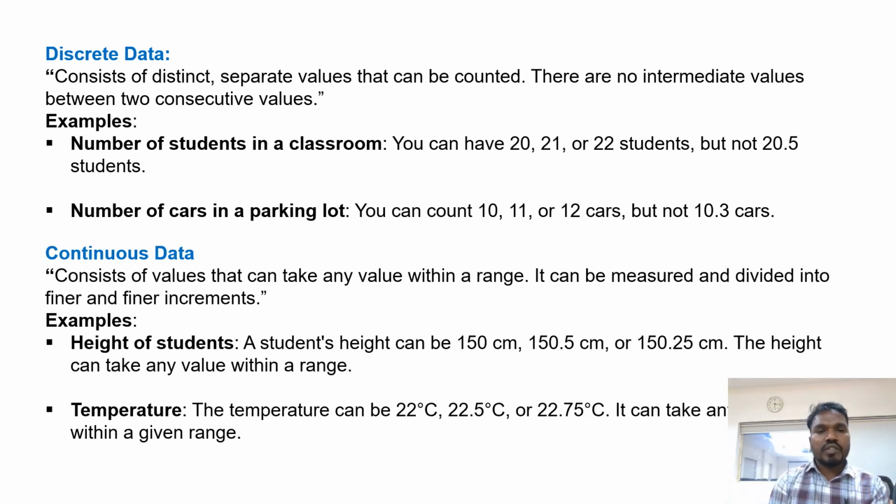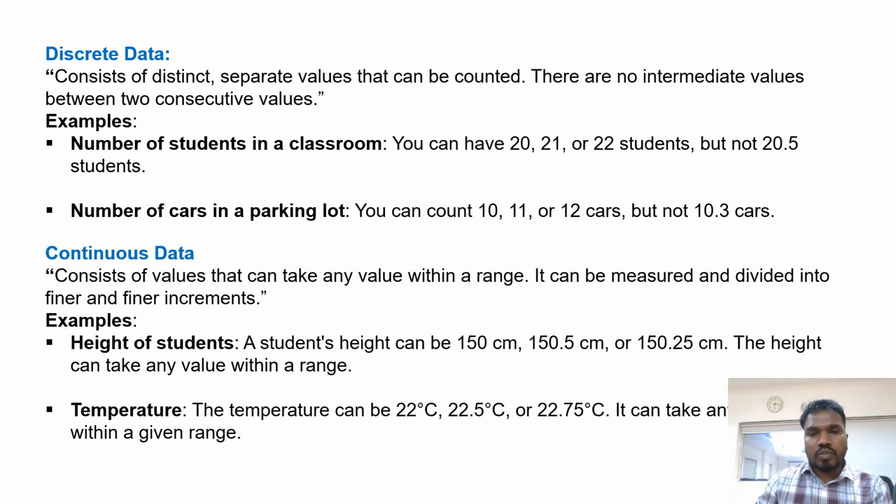When it comes to continuous data, that is the main difference between discrete data and continuous data. Continuous data can be measured and divided into finer and finer increments. I mean to say, look at the height of students.